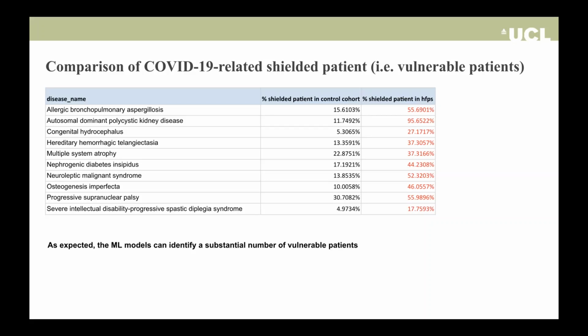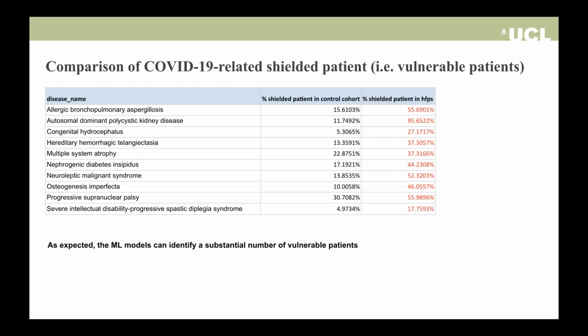And the second column is the coverage of shielded patients in the high false positives, which is also very clear to see that in general, the model predicted a good number of vulnerable patients, which are not coded in the current data set.